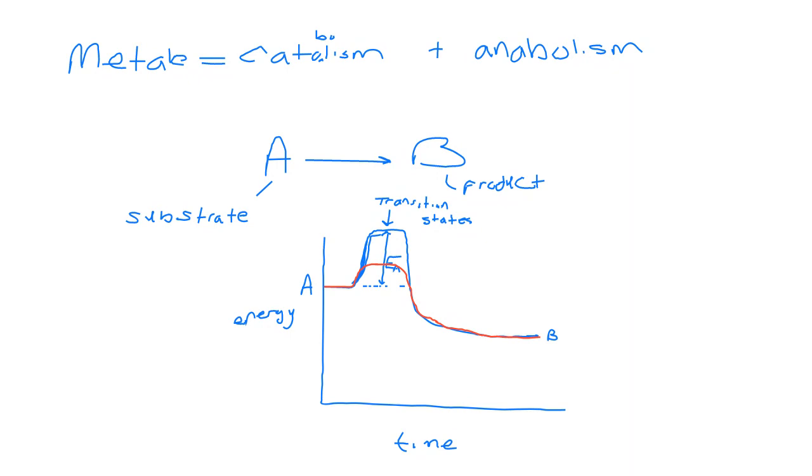And so we say that enzymes are catalysts, and I'm going to review this in the next video. I'm going to repeat that one more time because it's really important. Enzymes are catalysts because they speed up the rate of a reaction by decreasing that activation energy.